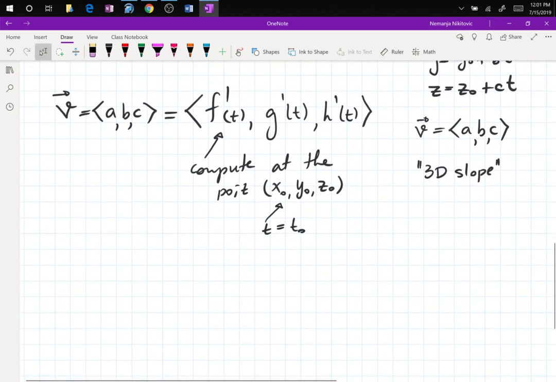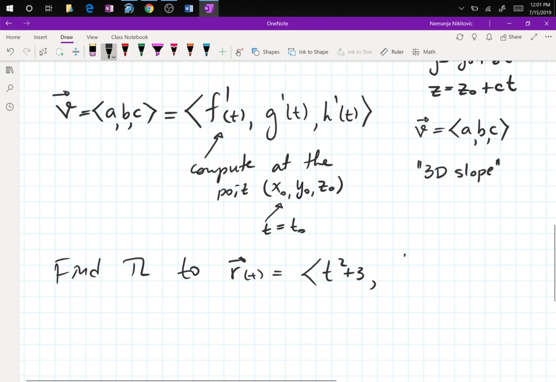So let's take a look at an example. Find the tangent line to the curve r of t equals t squared plus 3, 1 over t, e to the 2t, at the point 1, 1, 0.